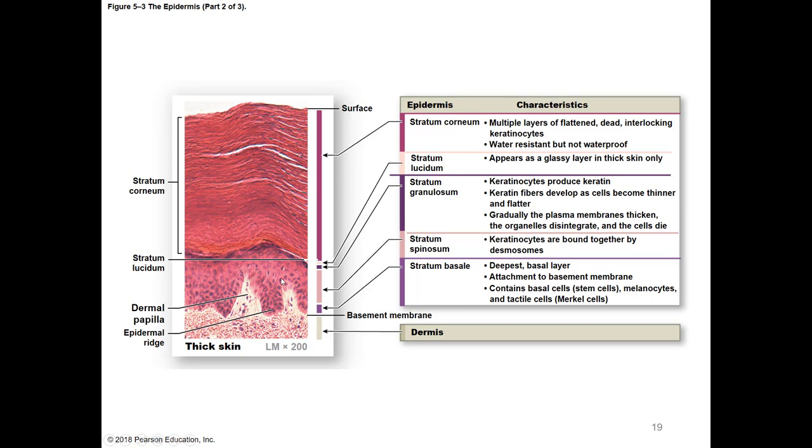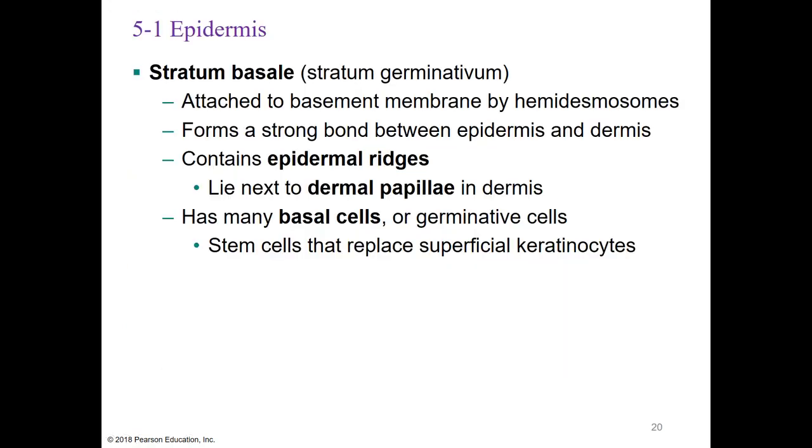For skin it would be pretty quick because we do shed skin constantly. Because we're shedding skin off the top constantly, we have to be producing new skin to replace what we shed. So stratum basale contains stem cells that are going through mitosis. This will enable us to produce new skin cells.